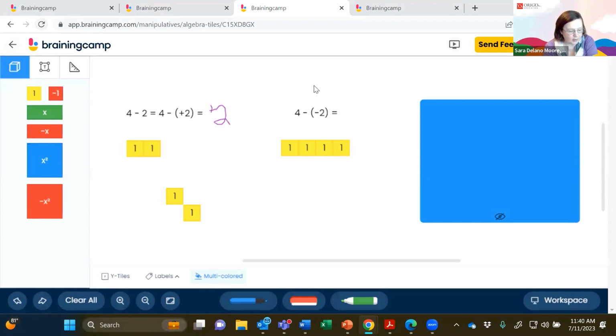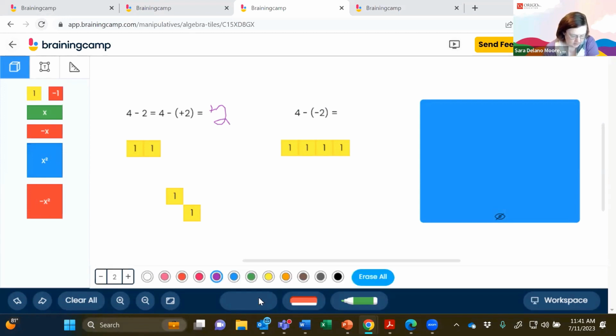I've still just got the 4 I started with, the +4 I started with. But use your math. What can I add to any problem and not change the quantity? It's that identity property for addition, if we want to get formal about it.